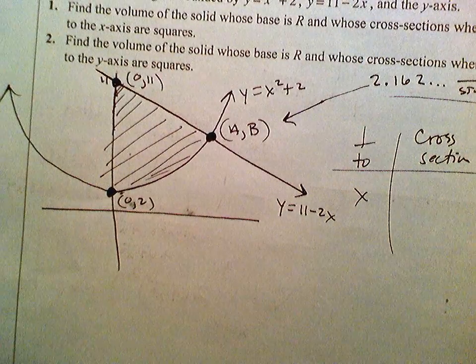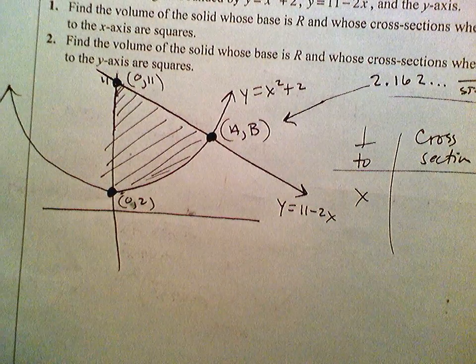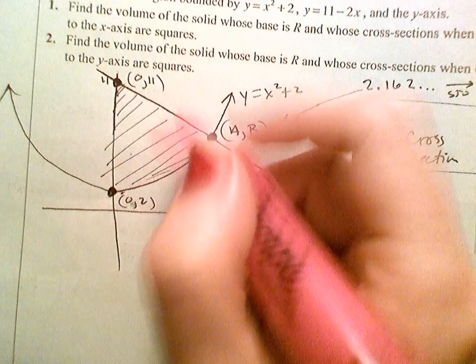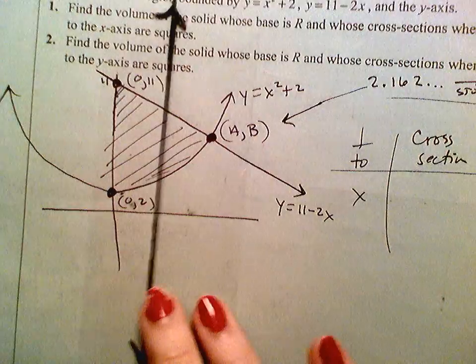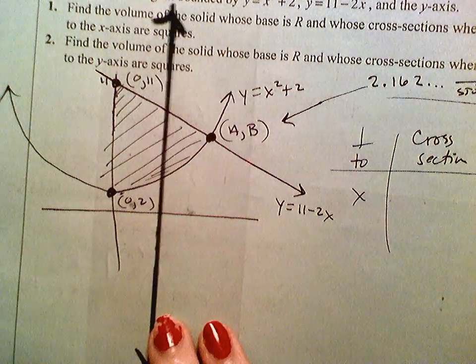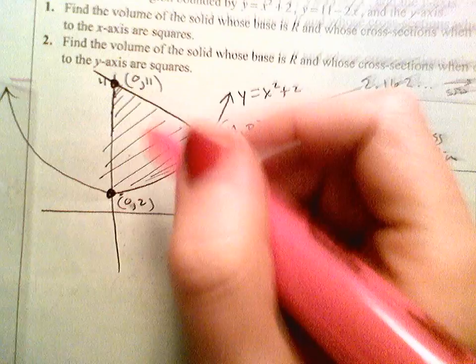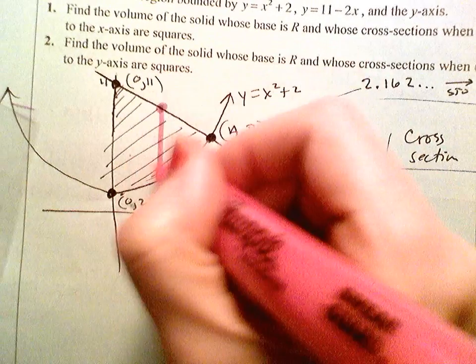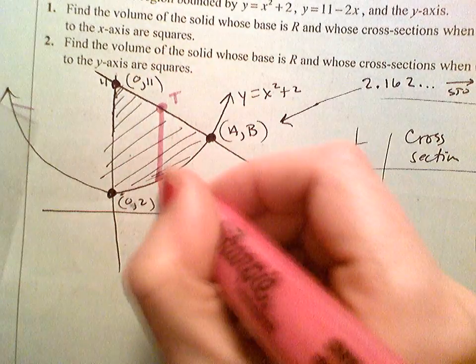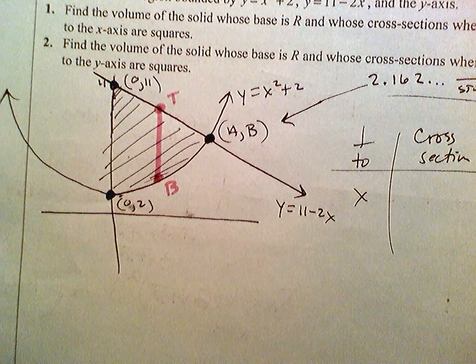Okay, so now the cross sections. For the first one, my cross sections are perpendicular to the x-axis, so I'm going to be cutting through this way. I'll take this as my sample cross section, and I'm going to have to go top minus bottom for the length of that.